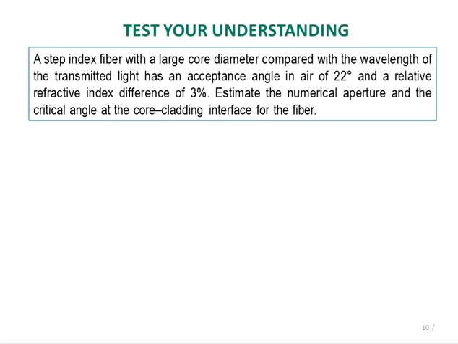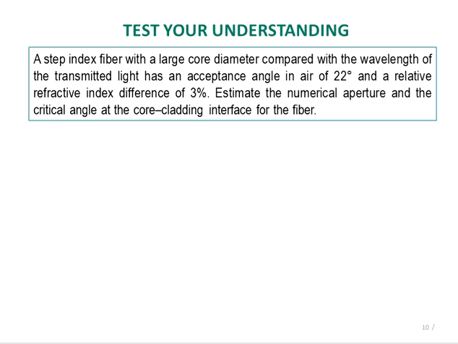A step index fiber with a large core diameter compared with the wavelength of the transmitted light has an acceptance angle in the air of 22 degree and relative refractive index difference of 3%. Estimate the numerical aperture and critical angle at core cladding interface.